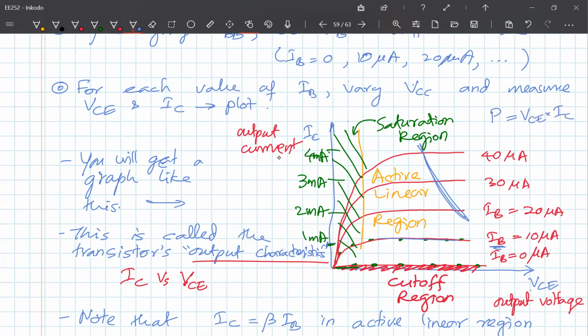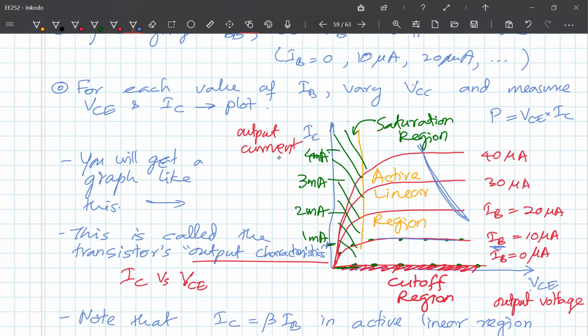If the power dissipation in this transistor is more than the amount of heat that can be taken away, then heat will accumulate, and after a while it will come to a very high temperature and it will melt down the junctions. So this is called the breakdown region. Anything above a certain value of VCE times IC is the power that can be dissipated.